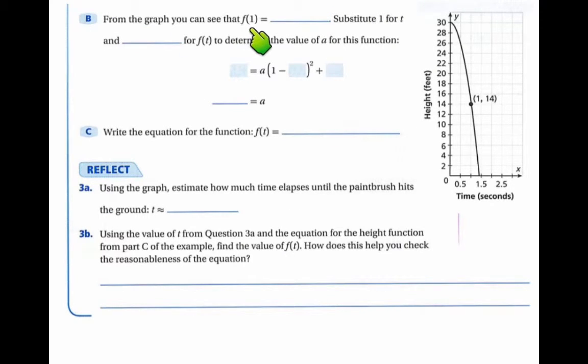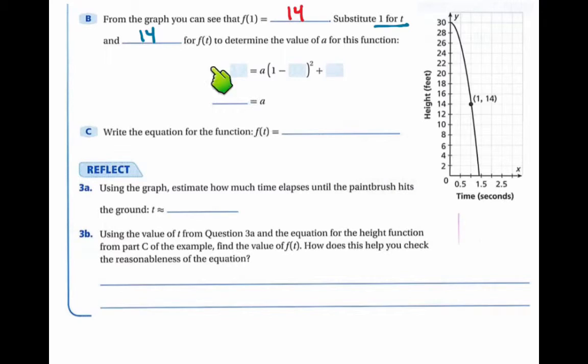From the graph, we can see that f of 1 equals 14. So now we have another x and y that we can substitute in. We're going to substitute 1 for t and 14 for f of t to determine the value of a for this function. So we're solving for a.